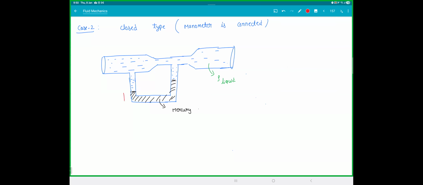Let this difference be H1 and let this difference be H2. Because mercury is conducting, you have some detectors here. When the mercury comes here, this becomes conducting and the electricity will pass through the detector. So you know the level of the mercury inside without actually going inside and seeing. You do all that small circuitry, and that is your H2.